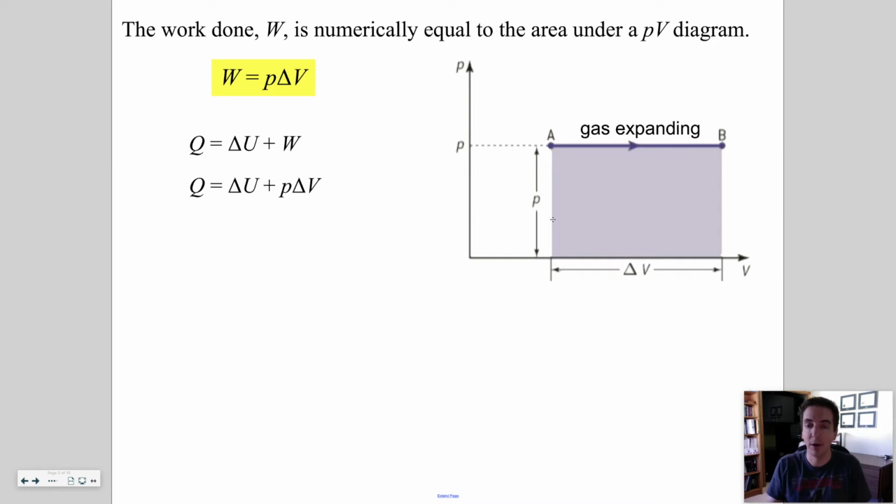So here you've got a rectangle: pressure times change in volume. That's all that is. Going back to the first law of thermodynamics, the law of conservation of energy, this work done you can write as P delta V. So in your word problems you'll have four variables. You'll be given three of them and asked to solve for the fourth.